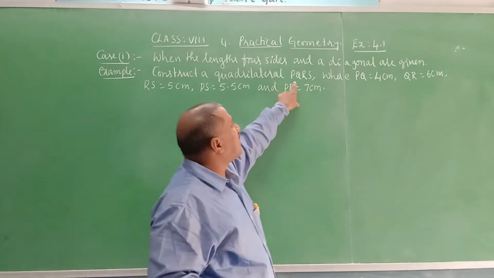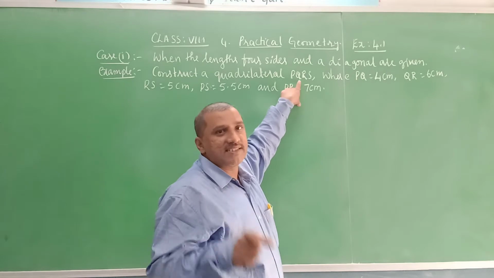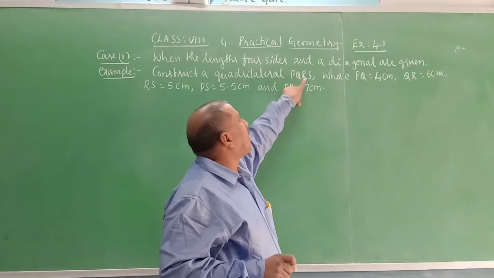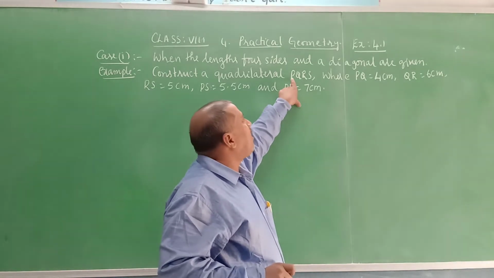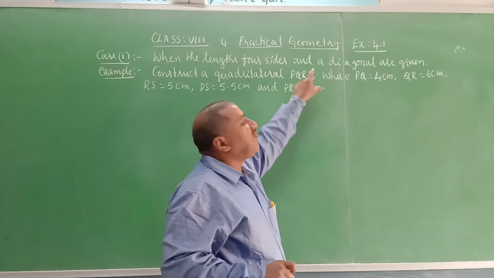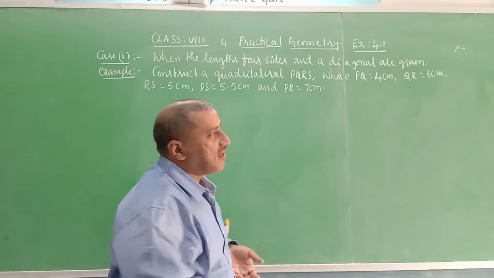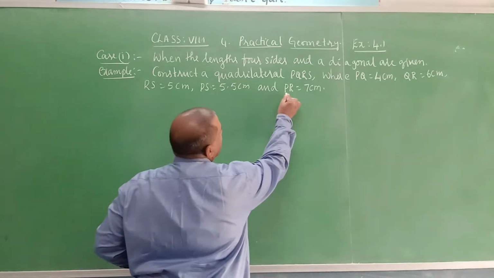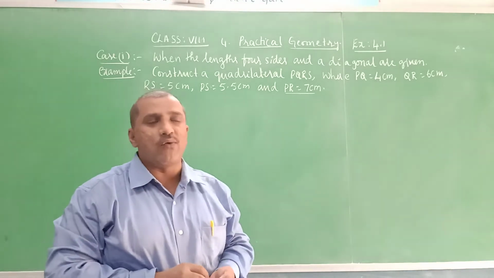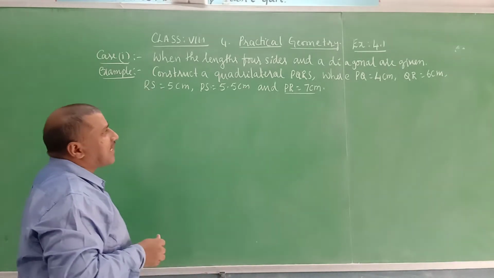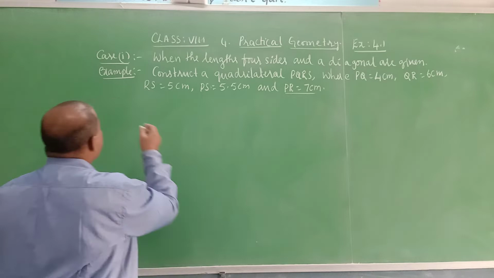In this, the adjacent letters will represent the sides, that is PQ, QR, RS and PS, whereas the alternate letters PR and QS will represent the diagonals. So here, which is the diagonal? PR is the diagonal of the quadrilateral PQRS. Four sides are given and one diagonal is given.